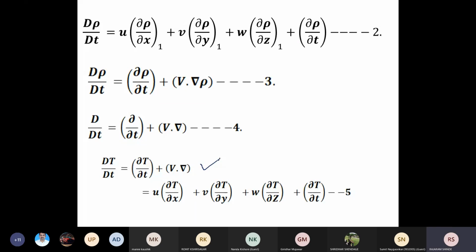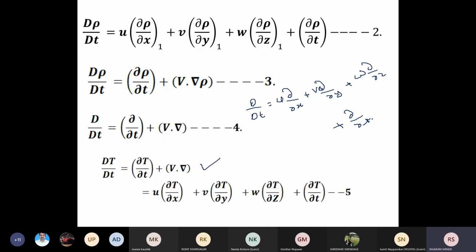And if you want to write the general equation, it is D by Dt equal to u into dou by dou x plus v into dou by dou y plus w into dou by dou z plus dou by dou t. Okay, this is your general equation. Here you can put temperature, you can put pressure, or you can put anything. This is the concept of the substantial derivative.